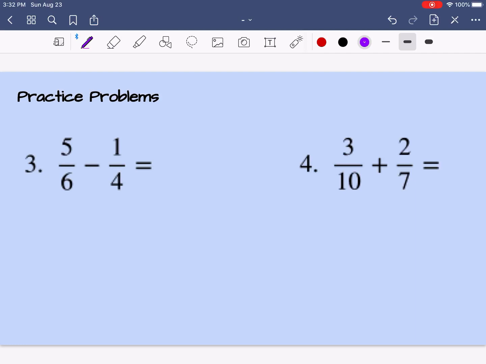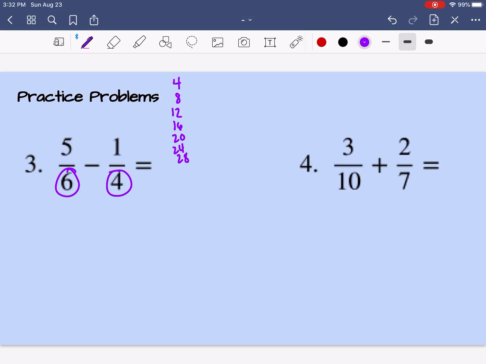All right. So here I have 6 and 4. So I'm going to start with the smallest number, which is 4, and I'm going to start listing some of my multiples. So 4, 8, 12, 16, 20, 24, 28.